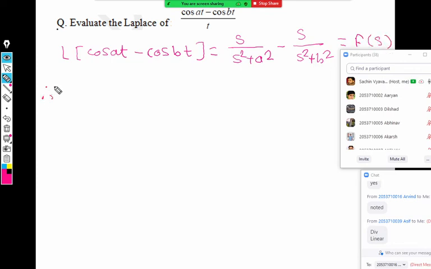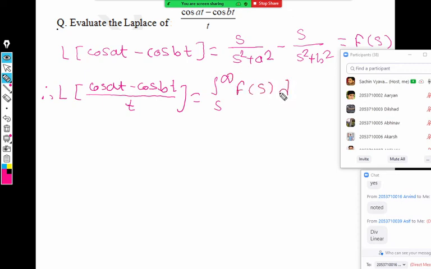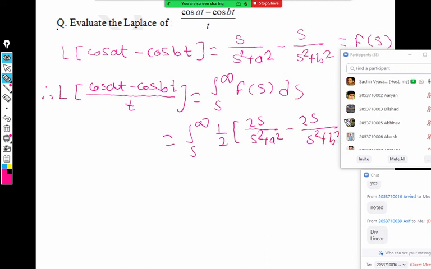Therefore, the Laplace of cos AT minus cos BT upon T is the integral from s to infinity of F(s) ds. I will rearrange this: divide by 2 and multiply by 2. So it is 2s upon s square plus a square minus 2s upon s square plus b square, ds.